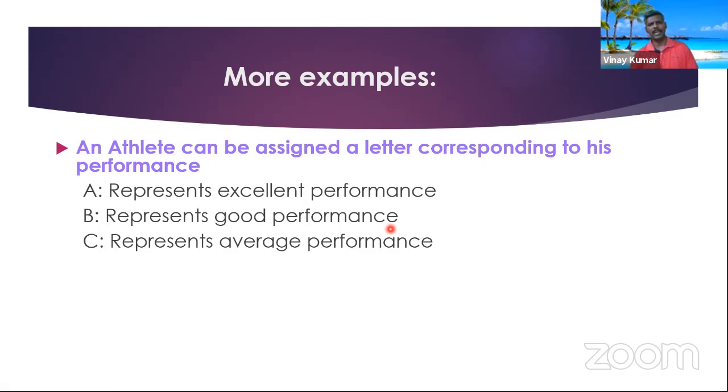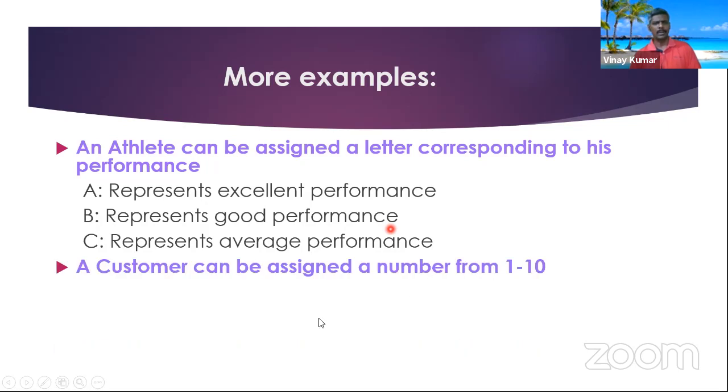So here I'm assigning a few letters. I can assign numbers also. So that's the process of measurement, when the researcher assigns letters or numbers to measure that object. So here it's an example where a researcher is trying to assign a letter to measure the performance of an athlete. Here the letters A, B, C have different indications. A represents excellent performance, B represents good performance, C represents average performance.